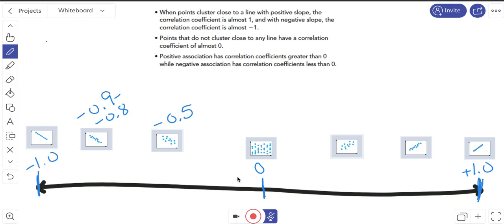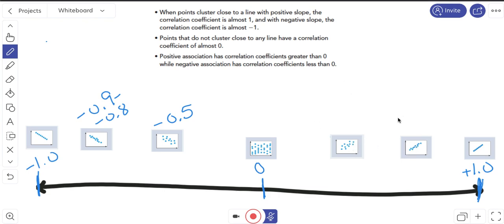but I can put them along this continuum and give a rough estimate of what they could be by saying this is what 0 looks like, this is what negative 1 is. If I look at these two, I can place them on that continuum and get a pretty good idea about where they would approximately be on the number line. I can see the same thing with these two graphs.